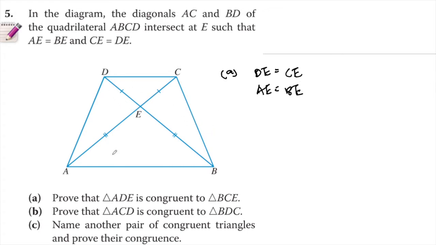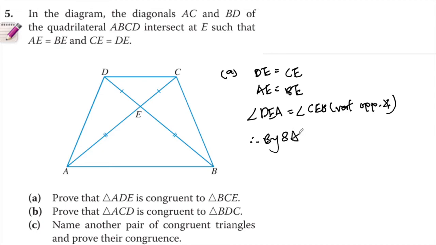And because this one is a straight line, they intersect, so angle DEA is equal to angle CEB because of, again, the vertically opposite angles. So therefore, you need to state by what test you are using. So by SAS, triangle ADE is congruent to triangle BCE.